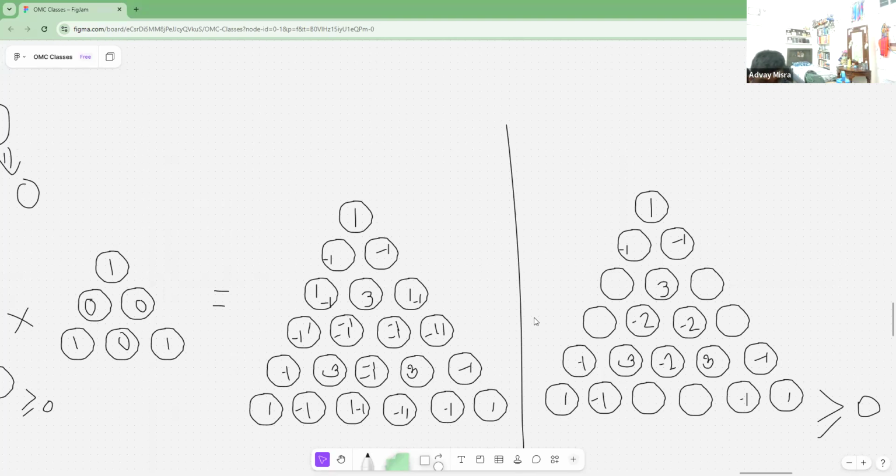I'm just doing it because it's more convenient than drawing 42 circles multiple times. So you get this. Right now I'm leaving the 0 cells blank. So, like, these two negative ones combine into this -2. Does that make sense?